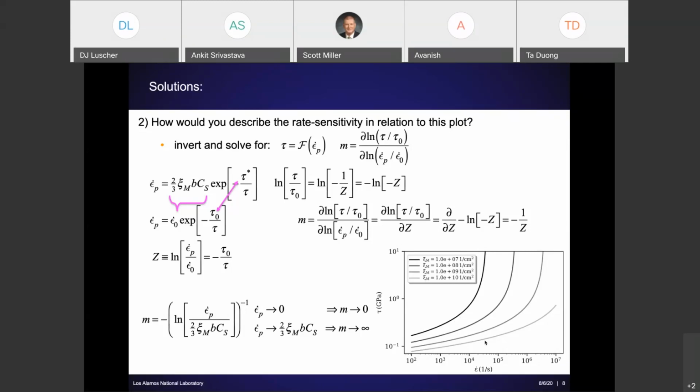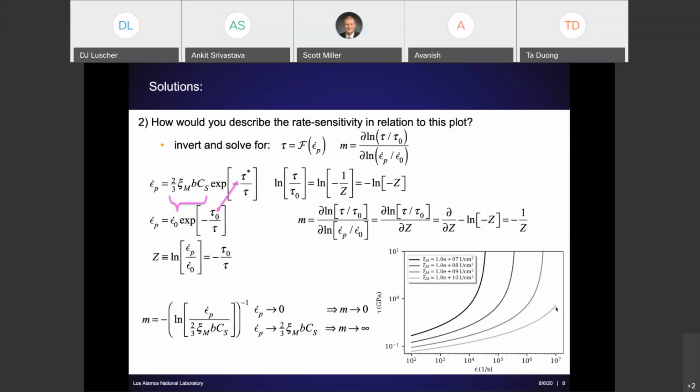So that means at a given strain rate, we're decreasing the strength of the material, or the resistance to plastic deformation, by increasing the availability of mobile dislocations. But we also increase the upper limit for the rate at which we can accommodate deformation through plasticity.